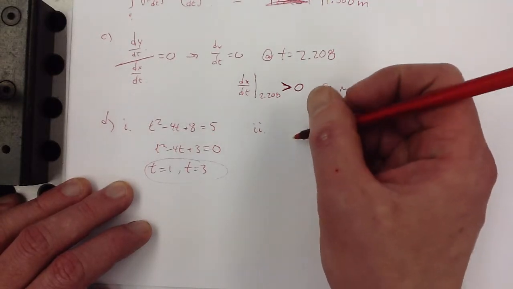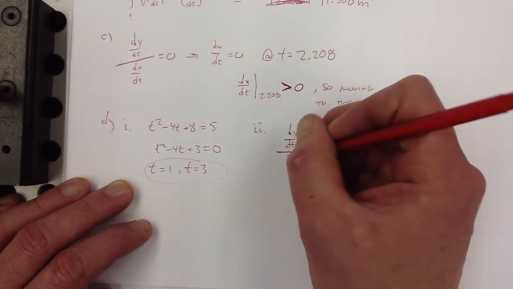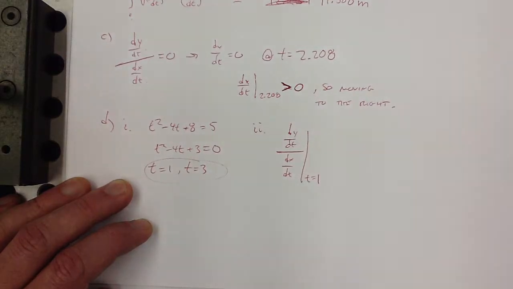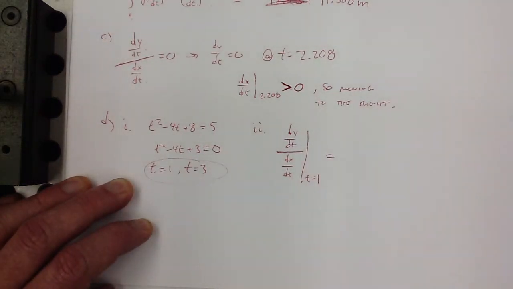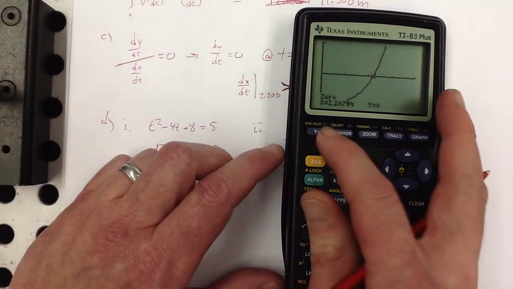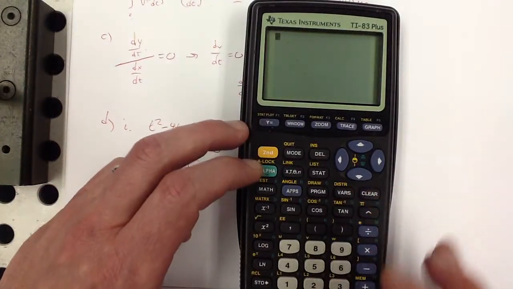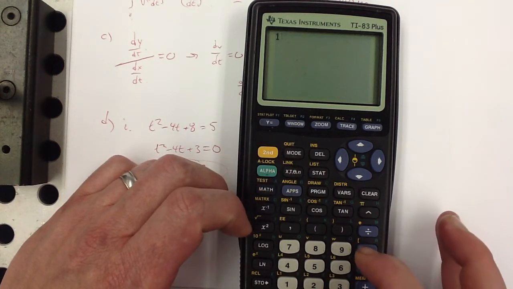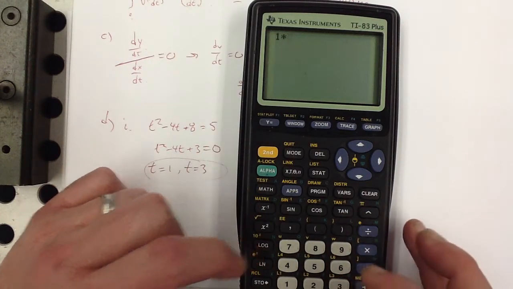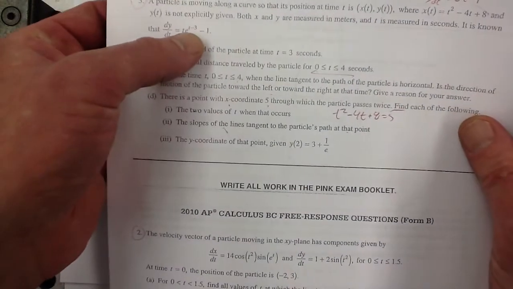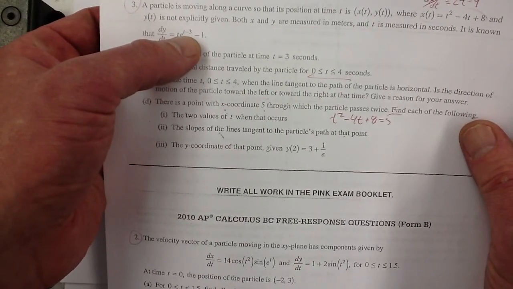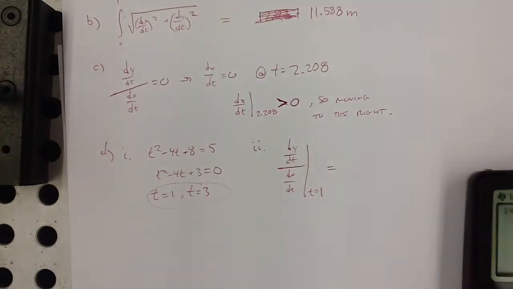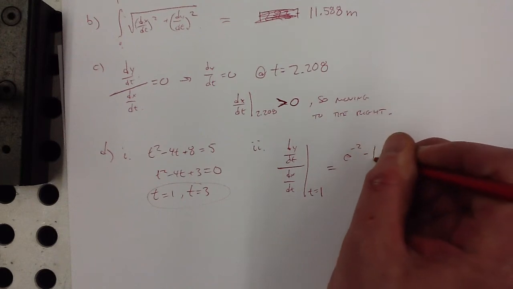So that's dy/dt over dx/dt evaluated at t equals 1, and that's equal to the dy/dt is 1 times the e to the... So it would be e to the minus 2 minus 1, e to the negative 2 minus 1.